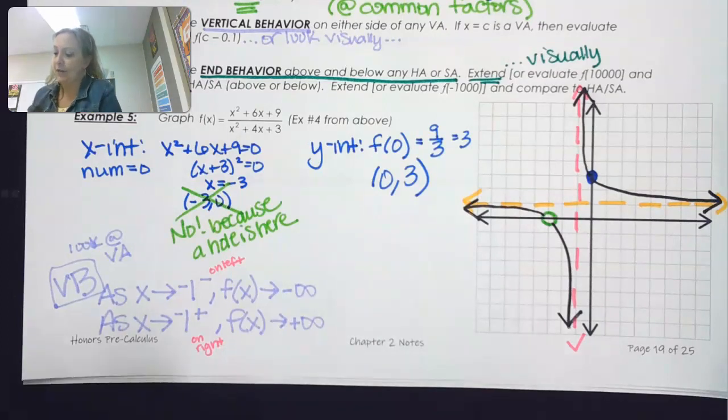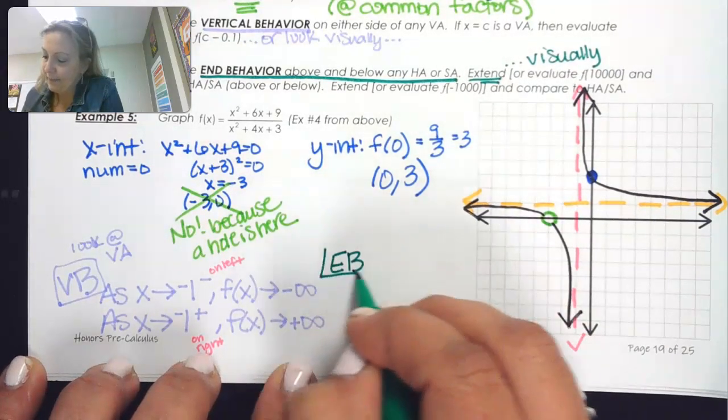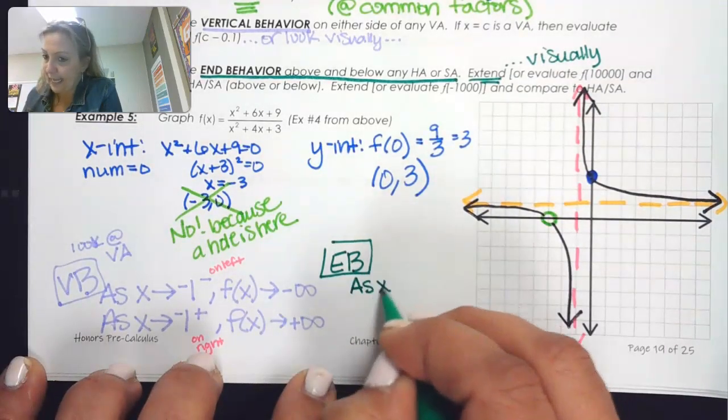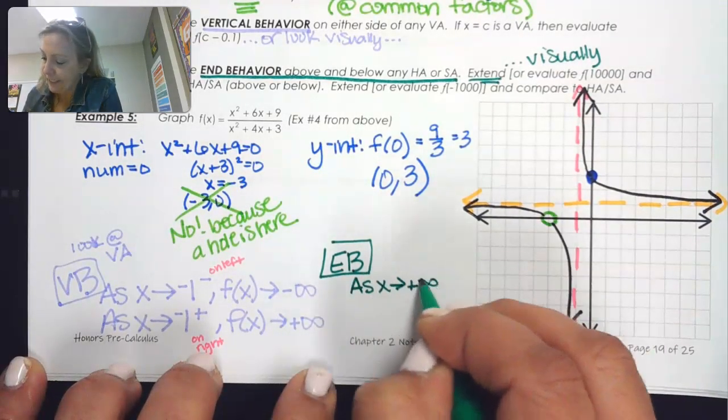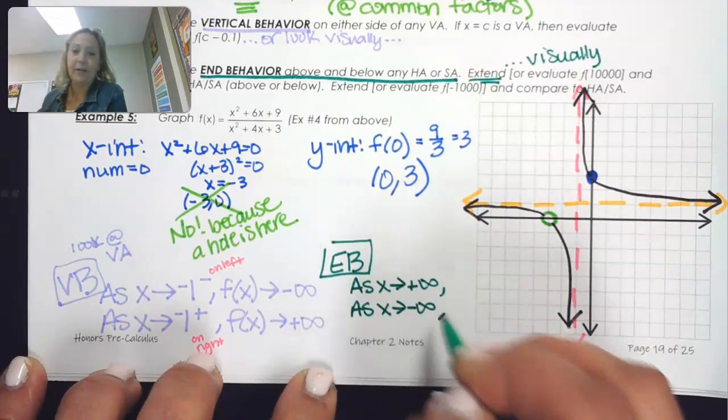Now let's look at your end behavior statement. For your end behavior statement, as always, this is what happens as x approaches positive infinity and as x approaches negative infinity. Again, I don't care about the order.